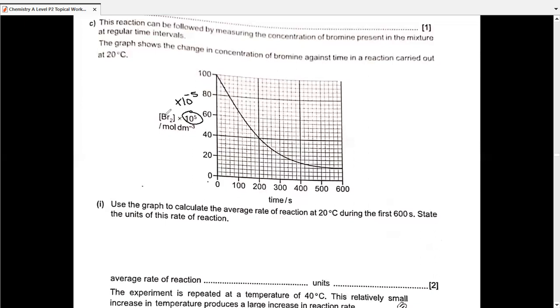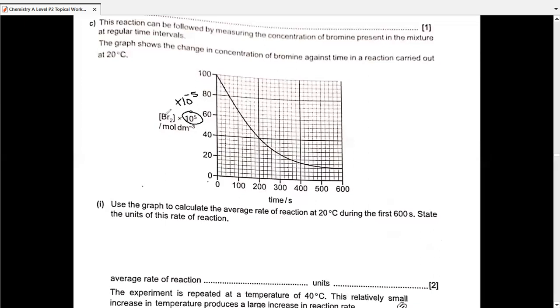Four, 8, 12. 100 into 10 raised to power minus 5 minus 12 into 10 raised to power minus 5, divided by 600. 1.47 into 10 raised to power minus 6. Perfect. And units?